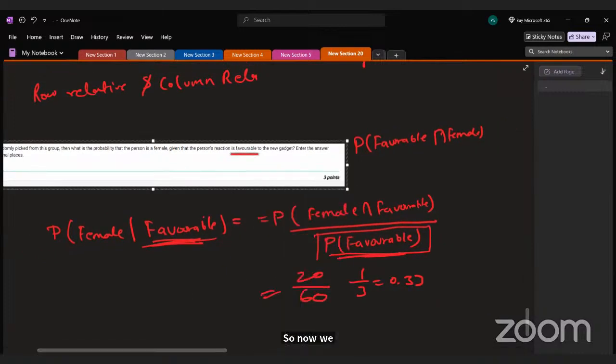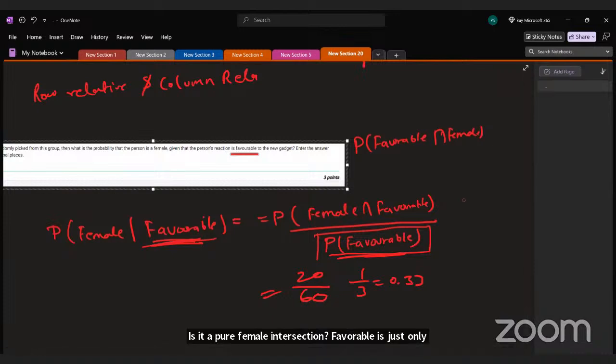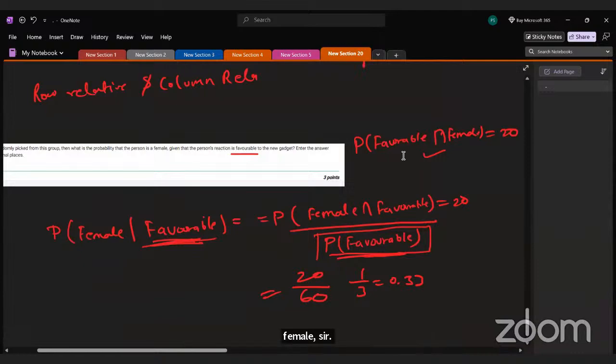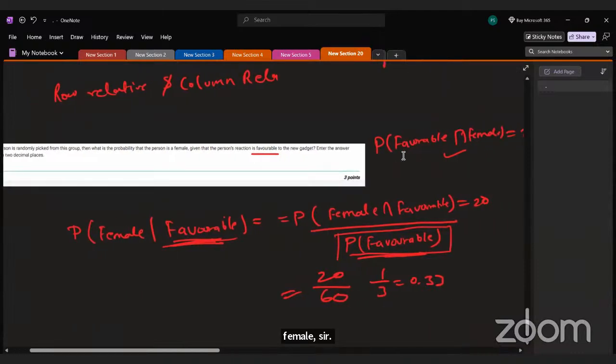Sir, is the P of female intersection favorable just only 20? Yes, this is 20 and even this is 20. But for favorable, we have to consider both male and female, na, sir? No, it's favorable intersection female.